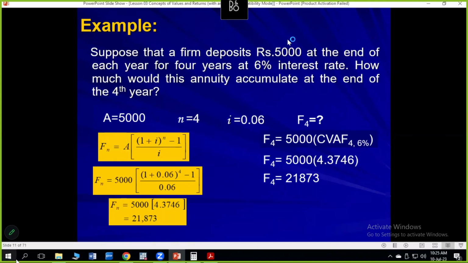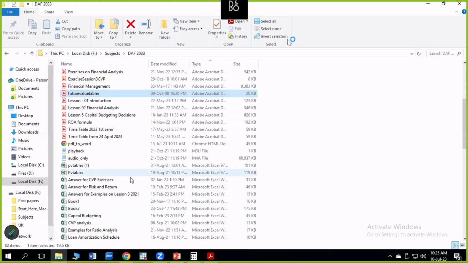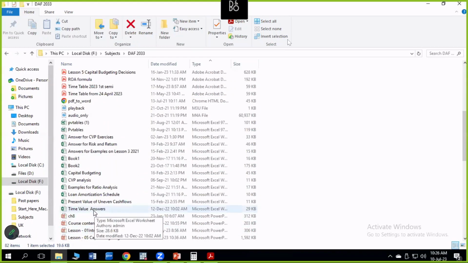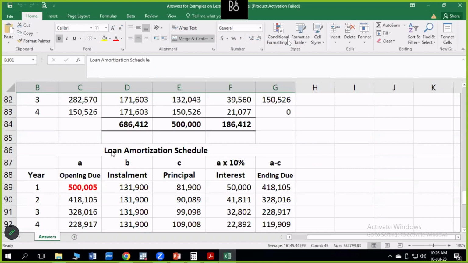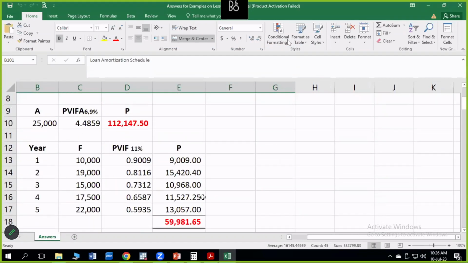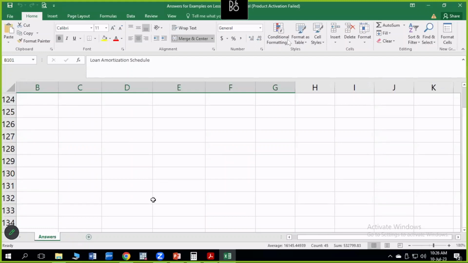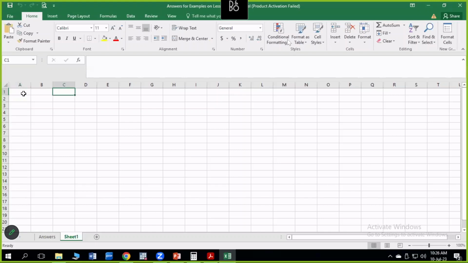you have a simple formula. What is a simple formula? So you have 1, 2, 3, 4, 4 years.